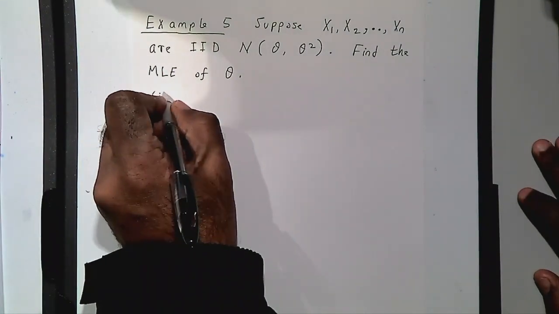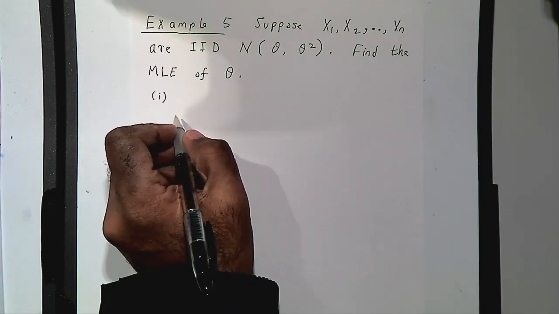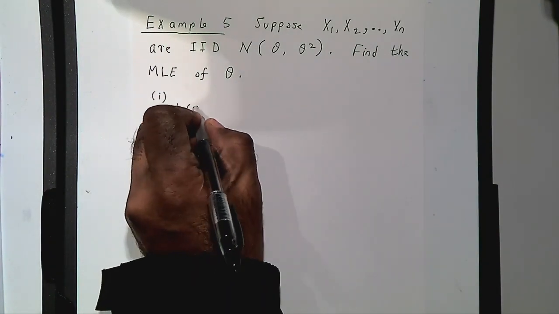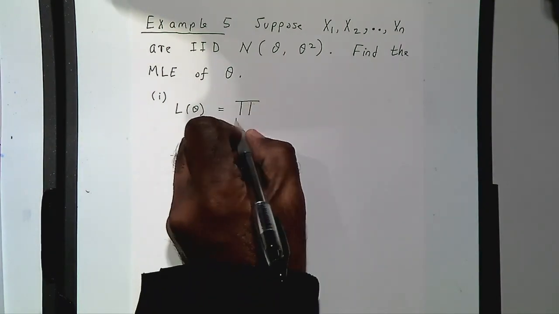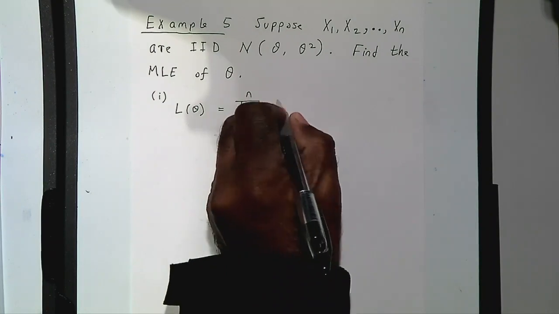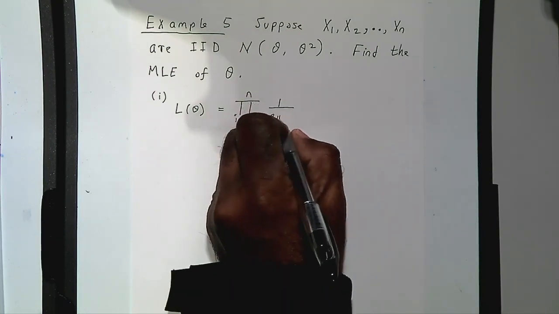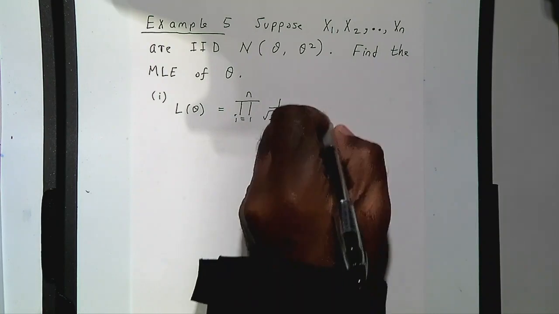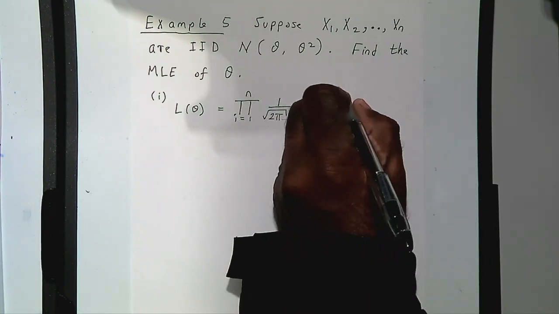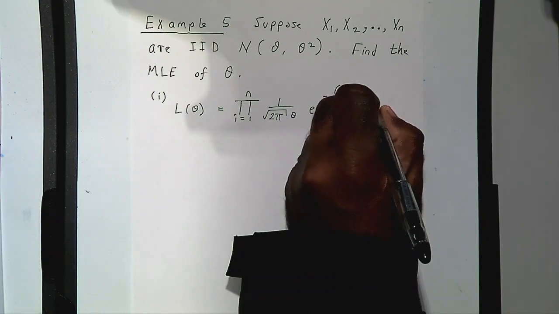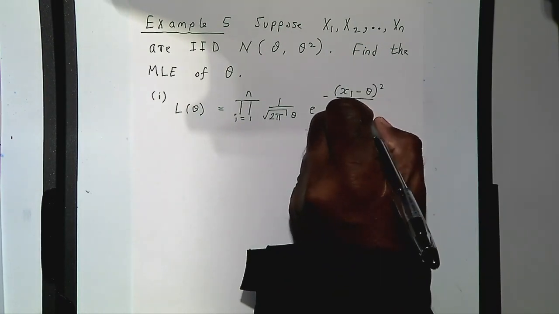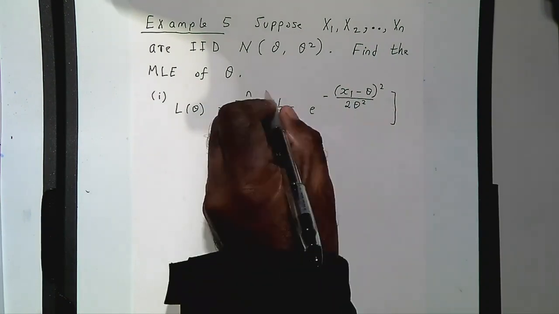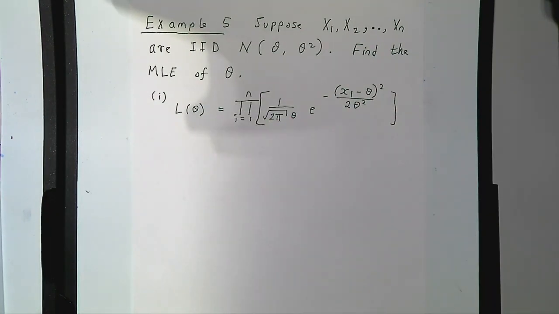So the first step is to write down the likelihood function, right? So the likelihood function, as you know, is the product of the density function.